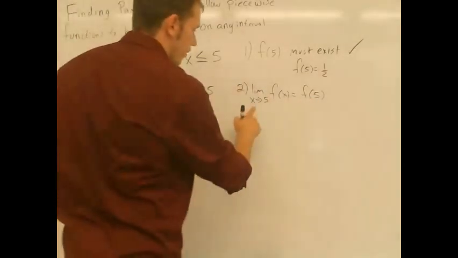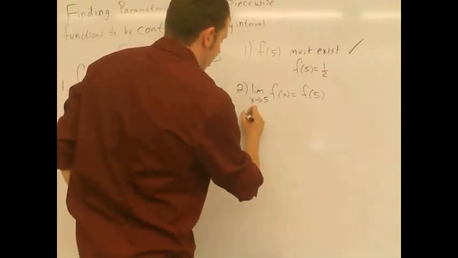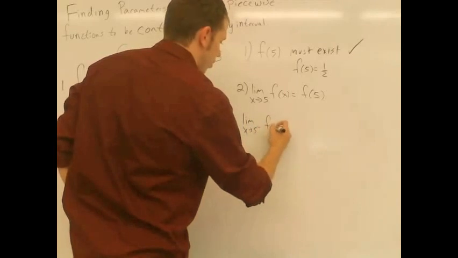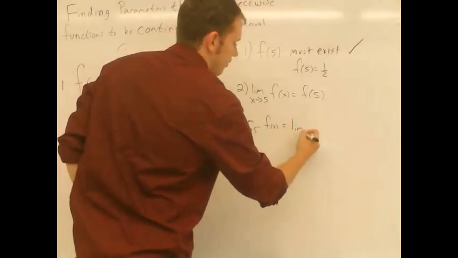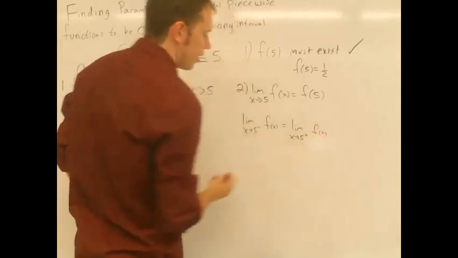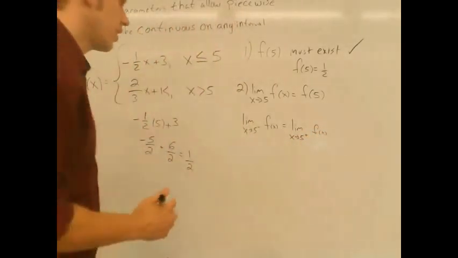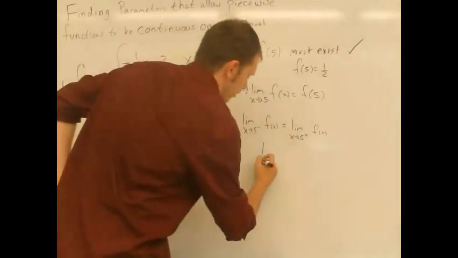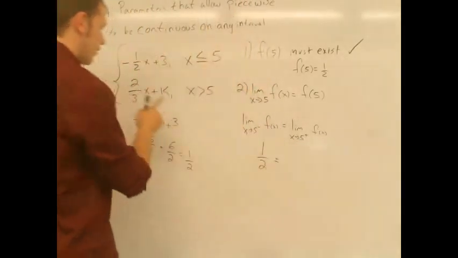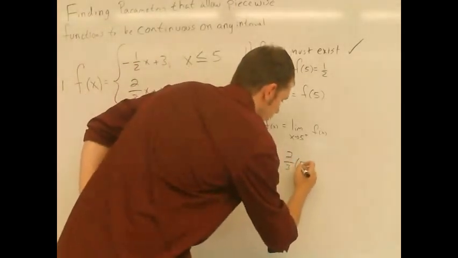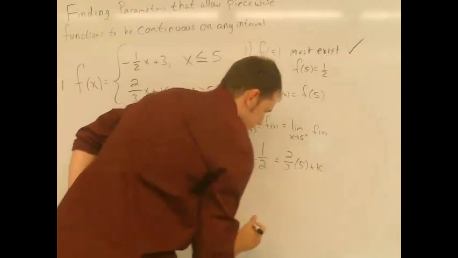So here, for the limit going to 5, I notice that the limit on both sides, from the negative and the positive side, must be equal. From the negative side, we knew from the first equation this was 1/2. I simply plug in 5 into the second equation: 2/3 times 5 plus k.